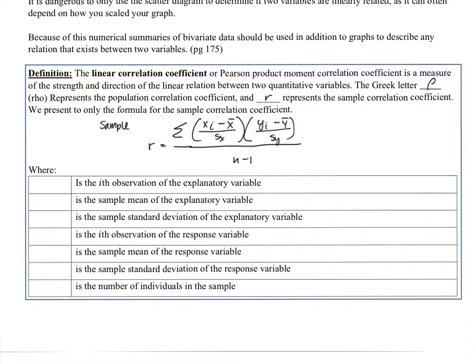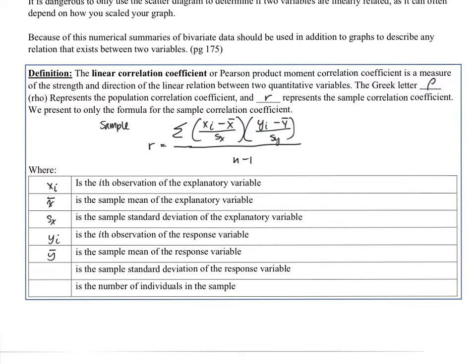So what do each of these values stand for? Well, this is where x sub i is the ith observation of the explanatory variable. We've seen that before. x bar is the sample mean. s sub x is the sample standard deviation of the explanatory variable. So this is new. y sub i is the ith observation of the response variable.